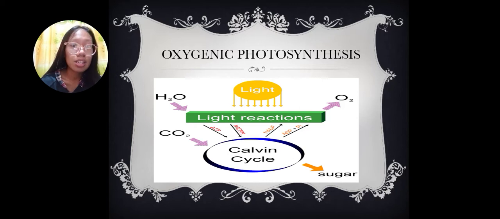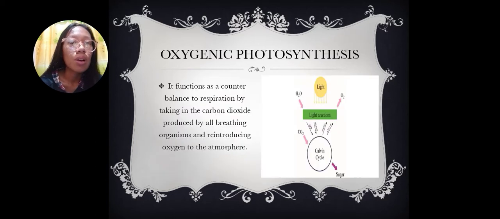And oxygen is actually produced along with carbohydrates. So, oxygenic photosynthesis functions as a counterbalance to respiration by taking in the carbon dioxide produced by all breathing organisms and reintroducing oxygen to the atmosphere.